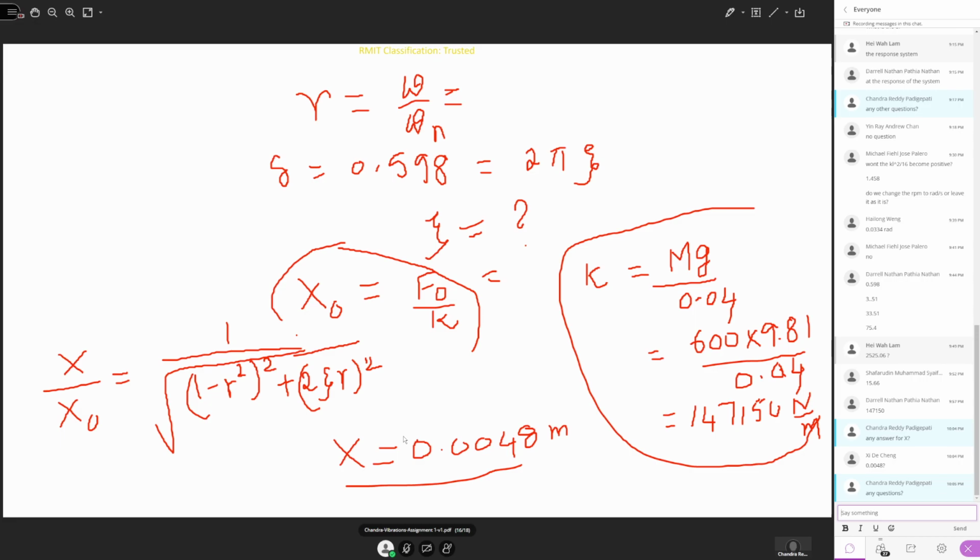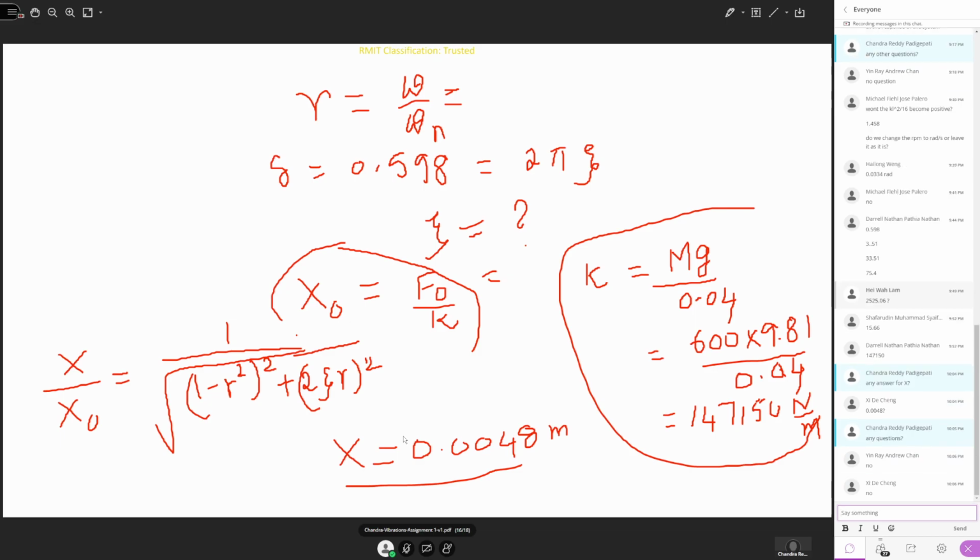Then we can calculate the natural frequency of the system from the weight of the system, the mass of the engine, and the displacement. All right, any other questions? Anyone? Your class test will have questions something similar. Okay.